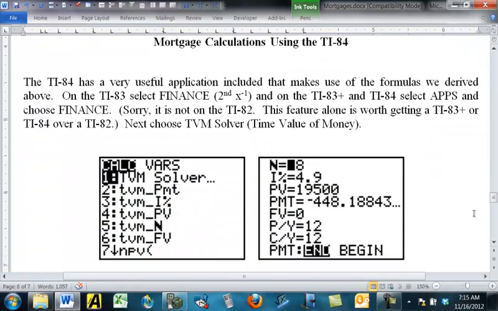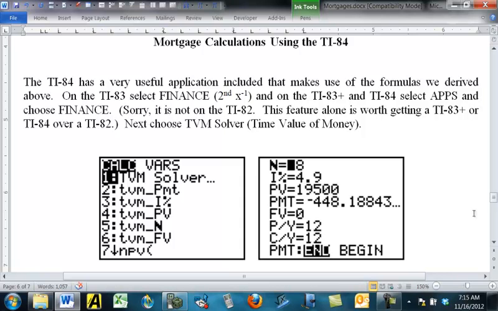Now it turns out that mortgage calculations are actually built into the TI-84. This is just totally cool. The TI-84 has a useful application. You find it by pushing Apps and choosing Finance. That would be on a TI-83 Plus and a TI-84.